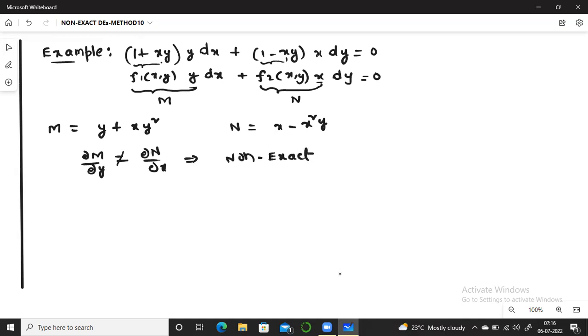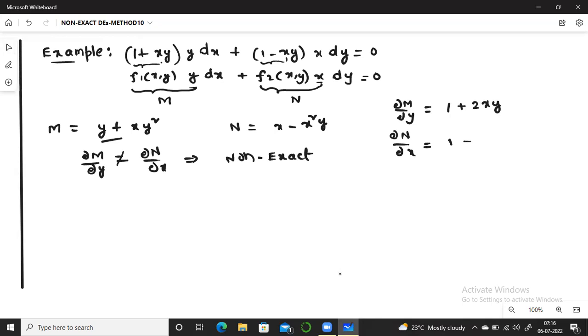In this case, I calculate separately dou M over dou y. The first term is 1, the second term is x constant times 2y. It means you will get 1 plus 2xy. What is dou N over dou x?